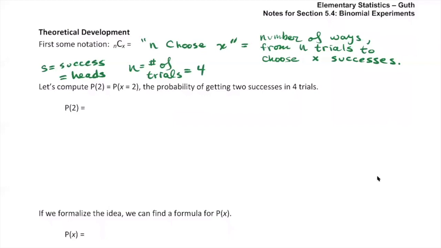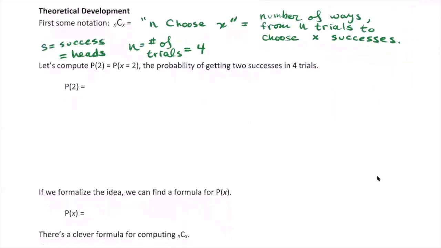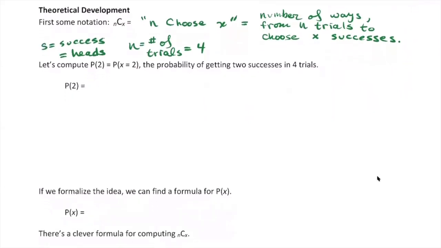And again, we got any number of successes from 0 to 4. Now this is saying down below, we want to compute the probability of getting 2 successes in 4 trials. Okay. Now we're going to do this the old-fashioned way using probability rules.